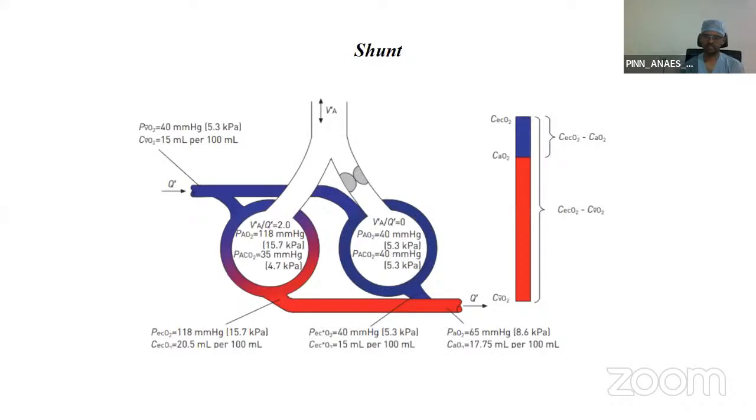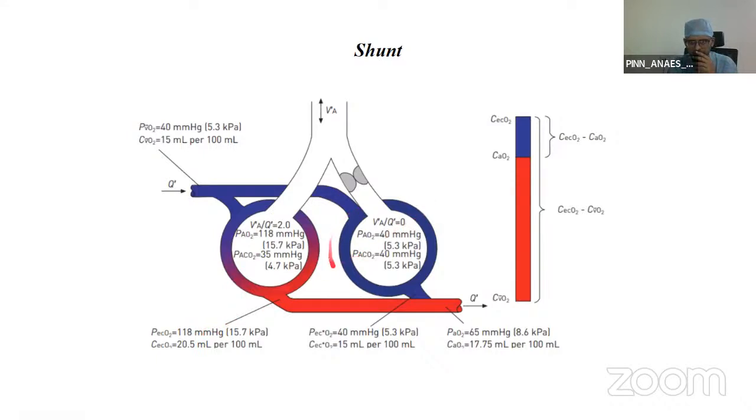So again, this can be explained by the 2-unit lung model. On the left, we have a unit with relatively adequate ventilation as well as adequate perfusion. So it has got a VQ ratio of 2. So the end capillary blood is well oxygenated.